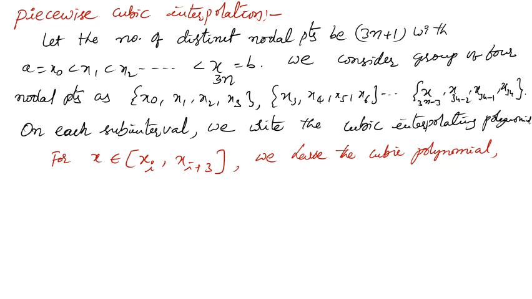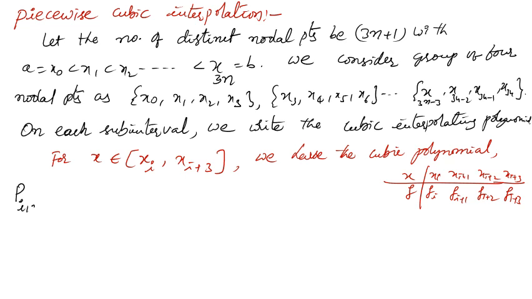What is a cubic polynomial? How many points here? X versus f. Just for your idea, xi, xi plus 1, xi plus 2, xi plus 3. One can consider from xi minus 3 to xi also. You can consider like that also. f i, f i plus 1, f i plus 2, f i plus 3. Right? So what is the polynomial?